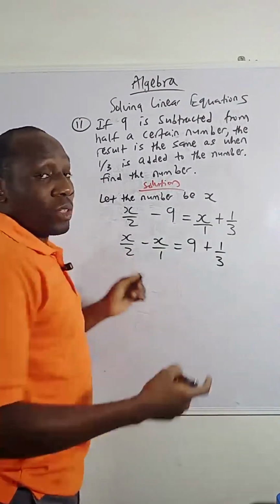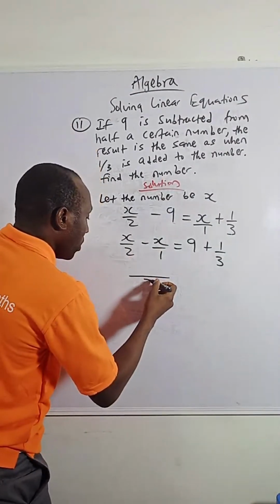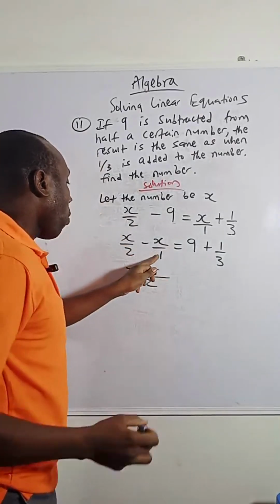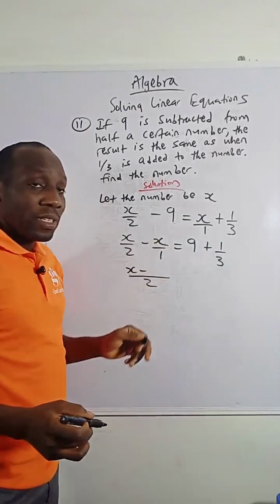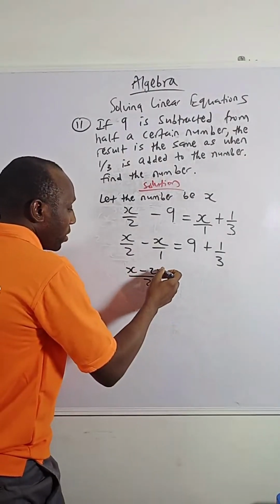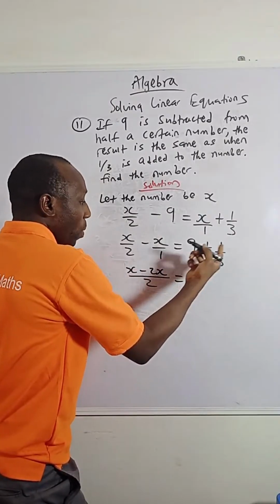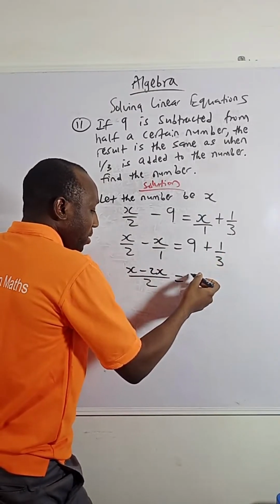What's the LCM of 2 and 1? It is 2. 2 into 2 is 1, 1 times X is X. 1 into 2 is 2, 2 times minus X is minus 2X. Then this is equal to 9 and 1 over 3, which is 9 over 1 plus 1 over 3.